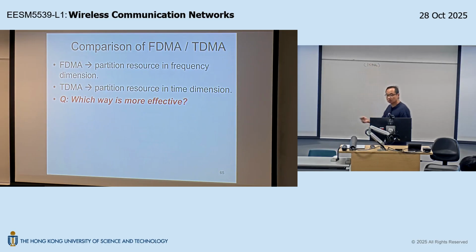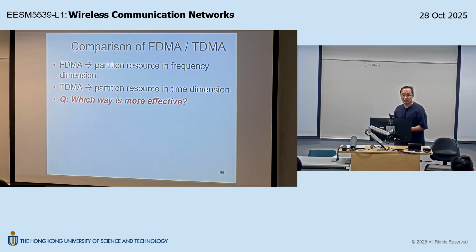You pay a lot and you get the 15 megahertz of spectrum. This is the license bandwidth. This is too big to assign to individual users, so you need some partitioning scheme to partition it into channels so that you assign each channel to a user.